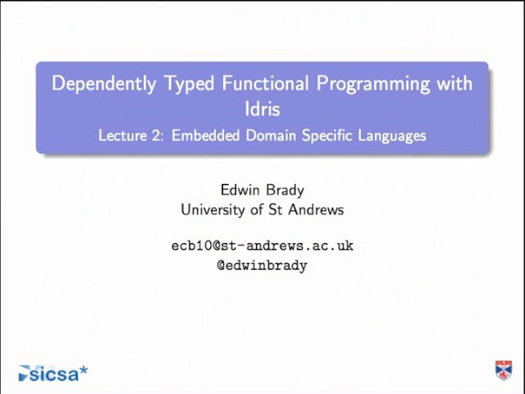In particular today, I'm going to talk about one of the things that interests me most, which is implementing embedded domain-specific languages. It might seem strange to implement a programming language just to have another language to implement other languages in. But hopefully by the end of this lecture, you'll see why that is a valuable thing to do.